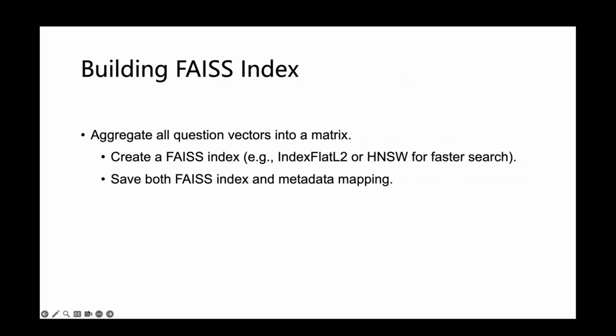Next, all question vectors were aggregated into a matrix and the FAISS index was constructed. We use IndexFlatL2 for precise search and experimented with HNSW for faster approximate retrieval. Both the index and metadata mapping were stored for efficient lookup during inference.